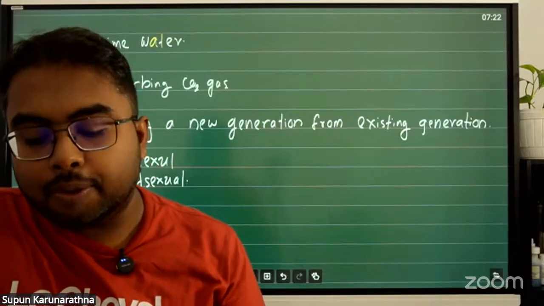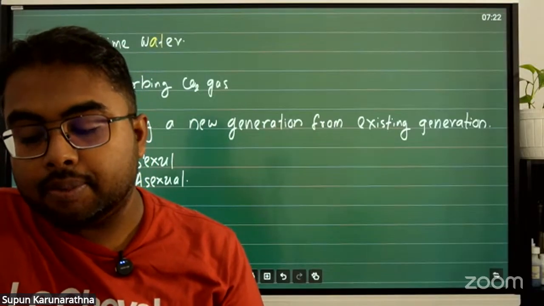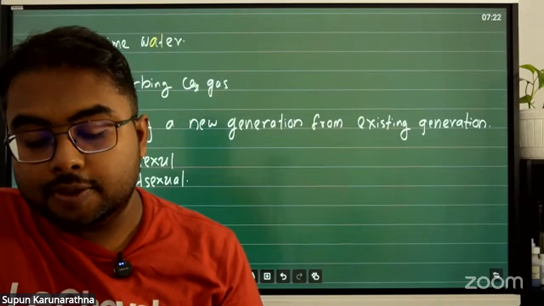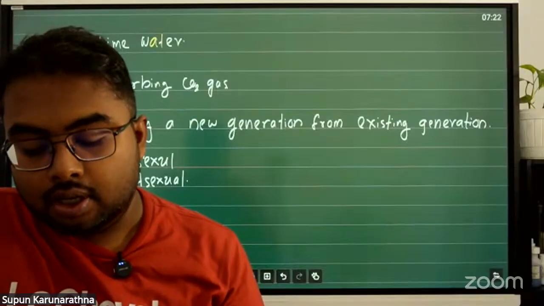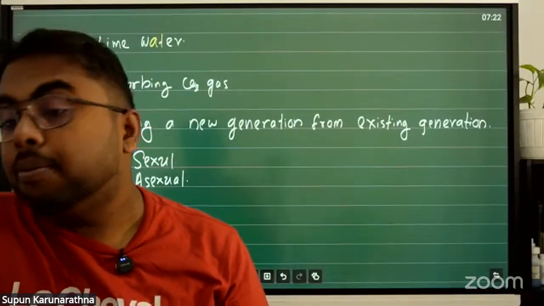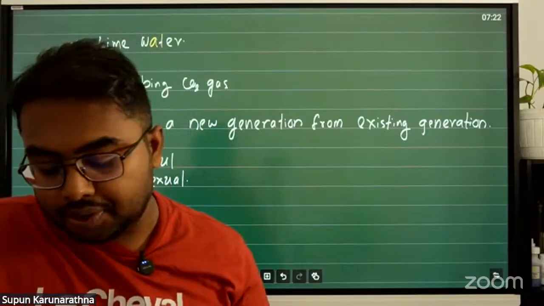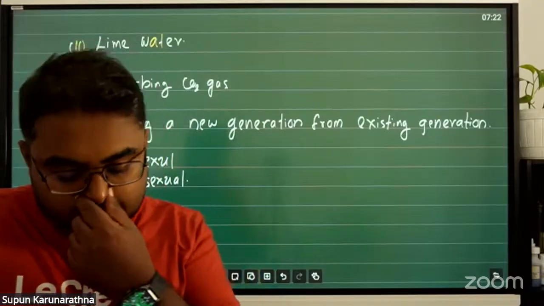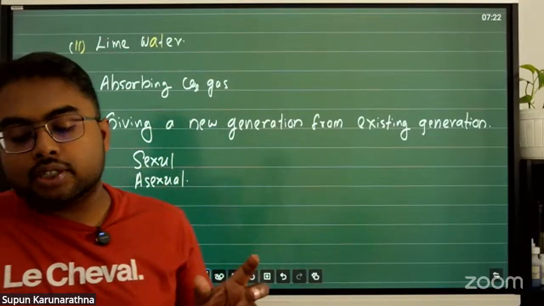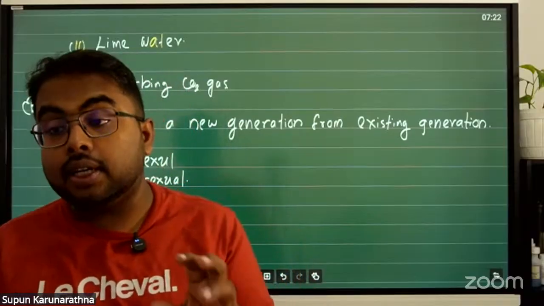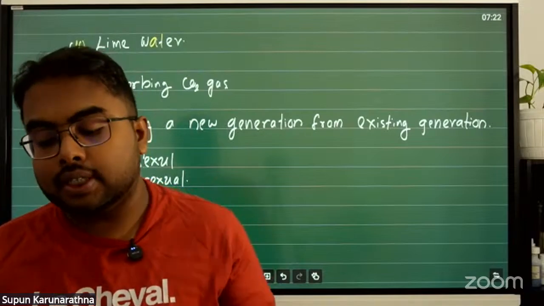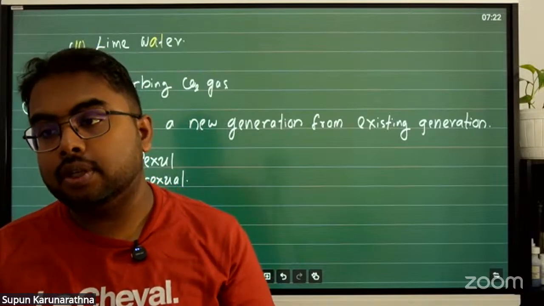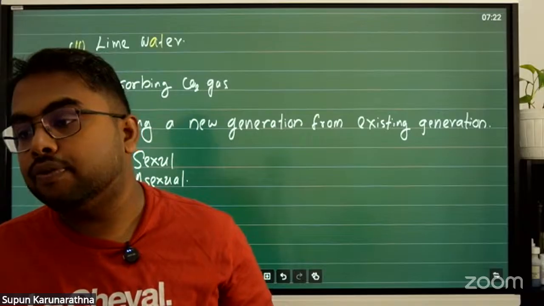In sexual reproduction, gamete formation takes place by meiosis. This meiosis process is shown below. What is meiosis? Meiosis is one type of cell division. During meiosis, the cell's nucleus divides and produces four daughter cells.